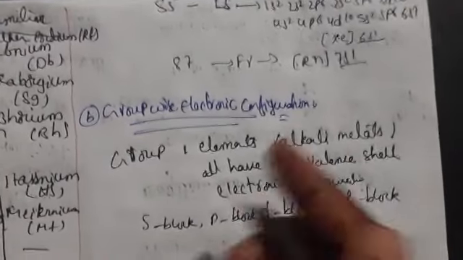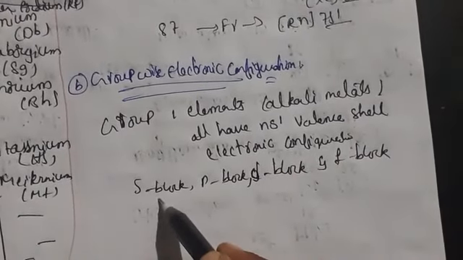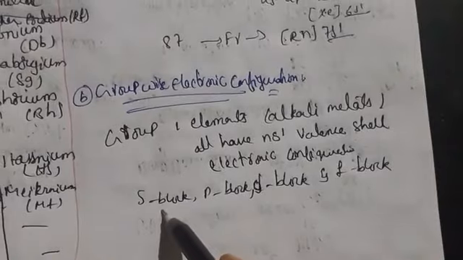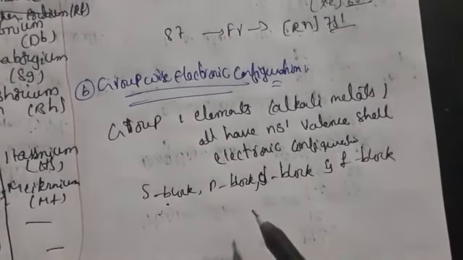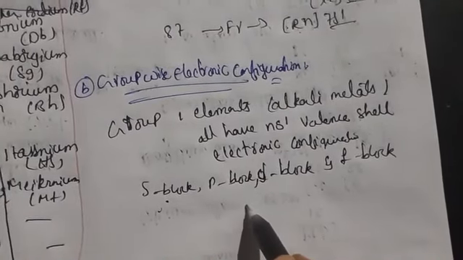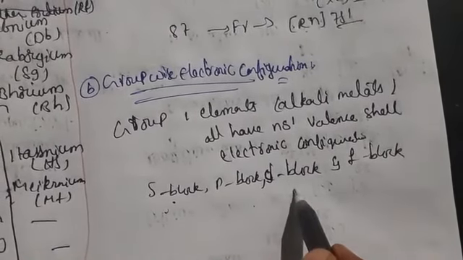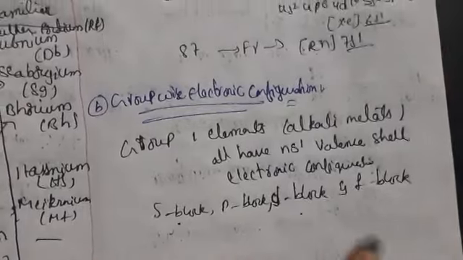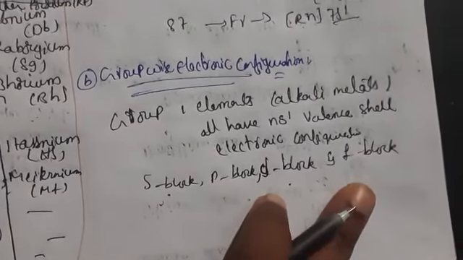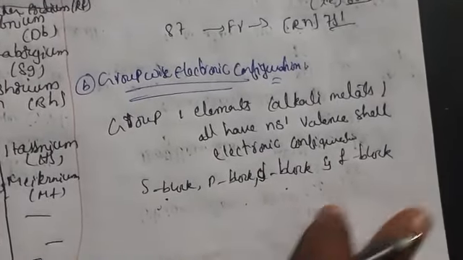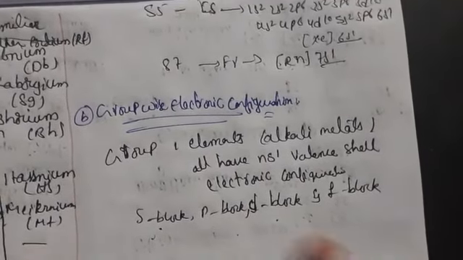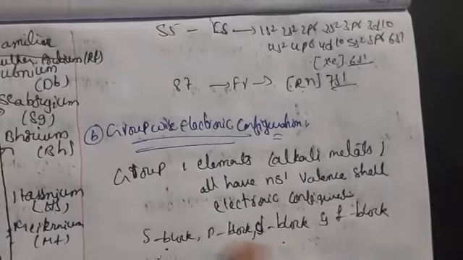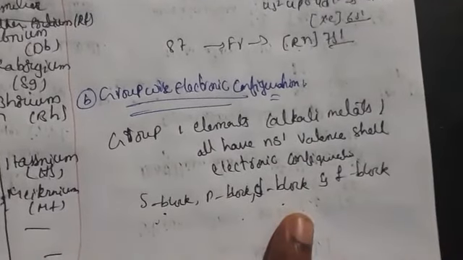If the differentiating electron enters an s orbital, we call it s block. If it enters a p orbital, that is p block. If it enters a d orbital, that is d block. If it enters an f orbital, we call it f block elements. Depending upon the atomic orbital filled by the last electron, we divide them into s block, p block, d block and f block.